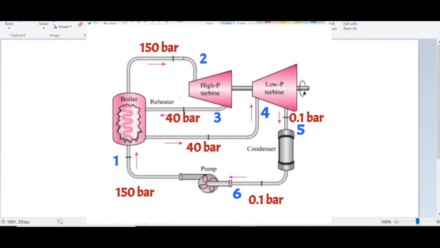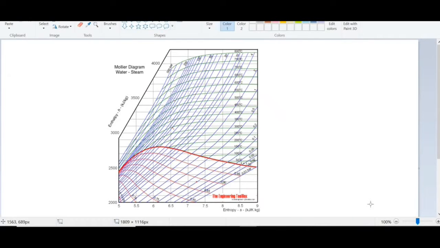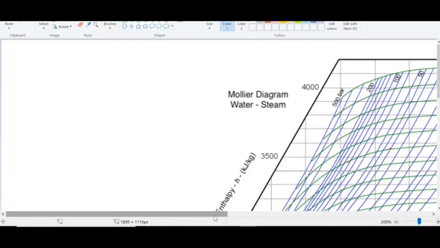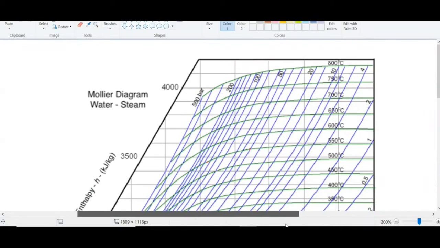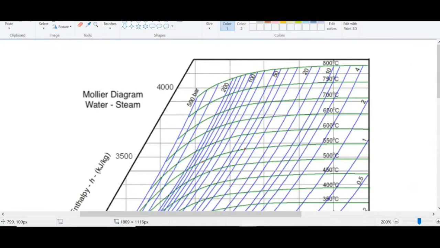Now, if we observe the given data, the steam from boiler at 150 bar and 550 degrees Celsius enters the high pressure turbine. So the entrance of the high pressure turbine is point 2, and we have to select point 2. Pressure and temperature are given. If we maximize this diagram, here is 100 bar and here is 200 bar.